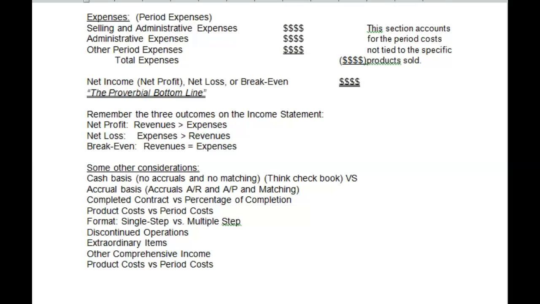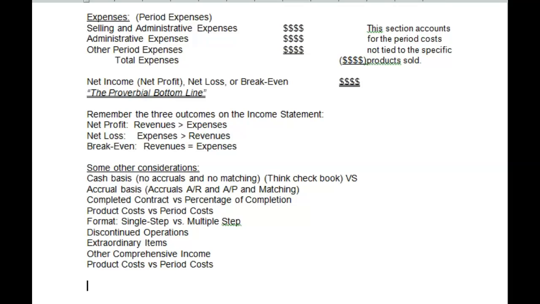When you see a cash basis income statement, and sometimes it's listed as a statement of cash receipts and disbursements, you don't try to do any matching. You just think checkbook. Hey, the cash came in. This is how I spent it. That's a cash basis income statement.